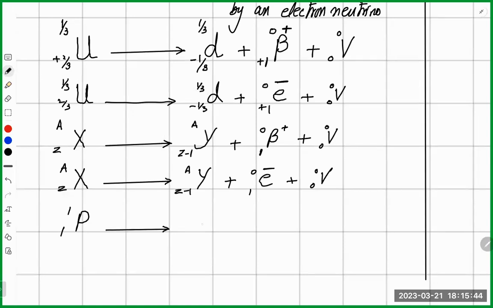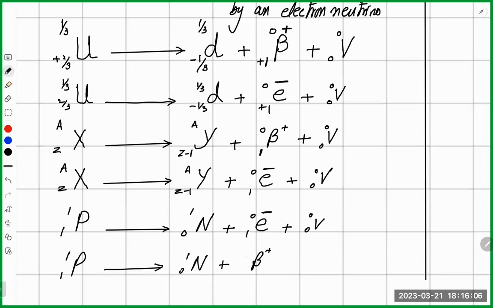Neutron, which has mass 1 and charge 0, plus a positron and a neutrino. So it is the same thing in different ways.